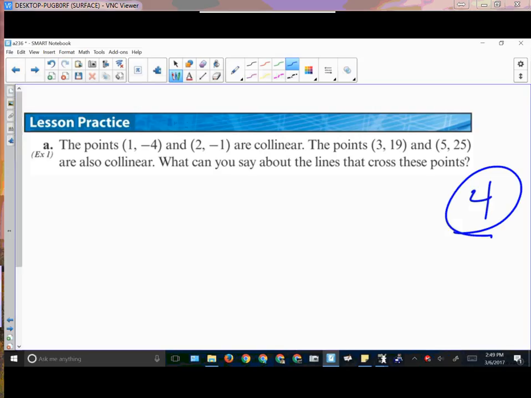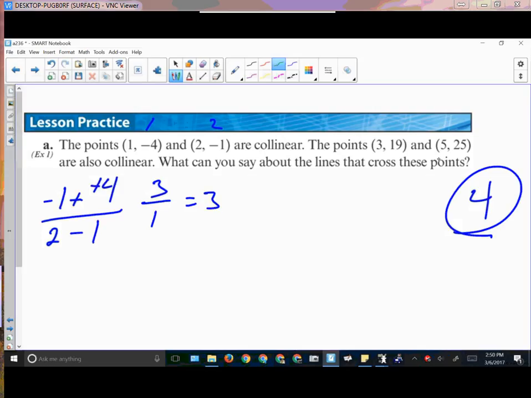Okay, so if those are the points, these are collinear, so they're on one line. So this will be 2 and that'll be 1, so that'll be -1 minus -4 over 2 minus 1. I end up with 3 over 1, so I got 3. Got that slope.